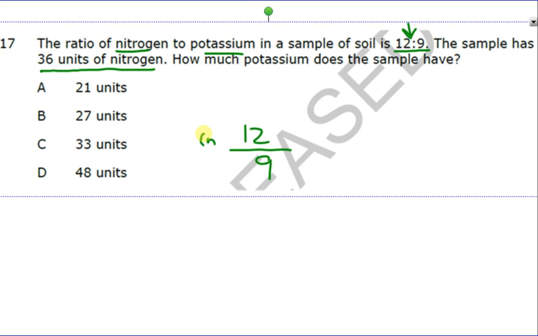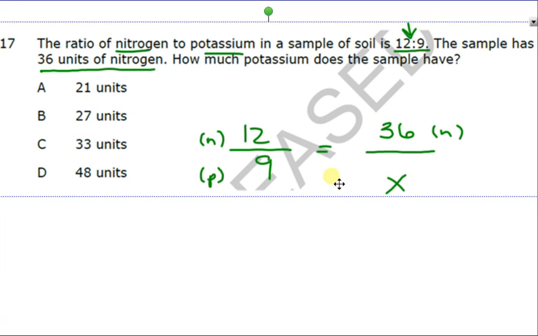Again, I'm going to put a little N here for nitrogen and a P here for potassium. It gives it to you in order, nitrogen to potassium, nitrogen to potassium. Now for the second part of my proportion, it only tells me 36 of nitrogen. Nitrogen's on the top, 36 goes here, and then my X goes here.